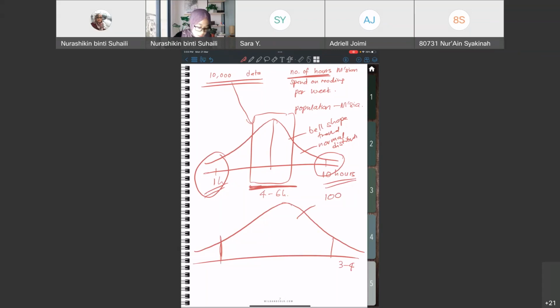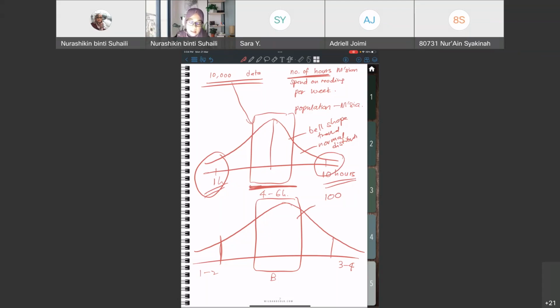Those who fail are also not many, maybe one or two. But the majority will sit in the middle, around B, which is the most average. So that is the typical trend in any distribution.